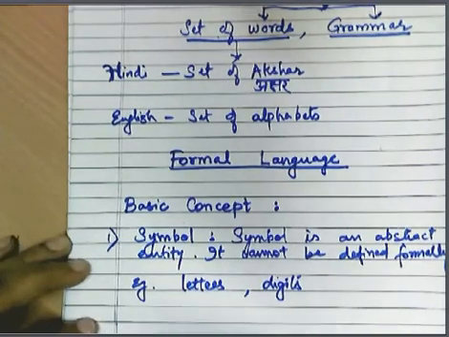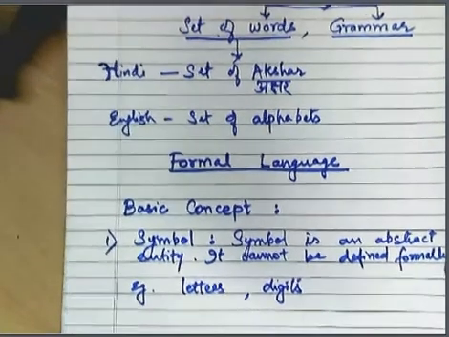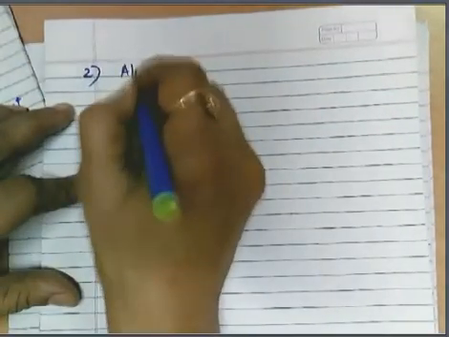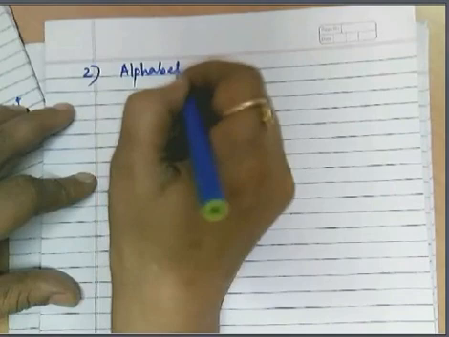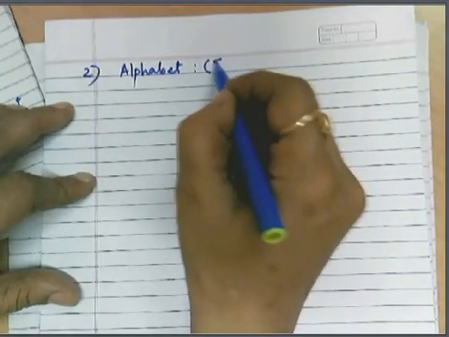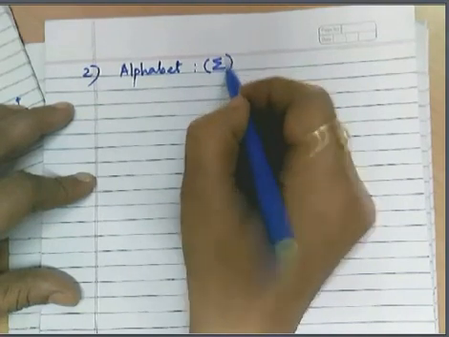Then the second definition which we are going to learn is the alphabet. How do we represent it? It is denoted by the summation sign.